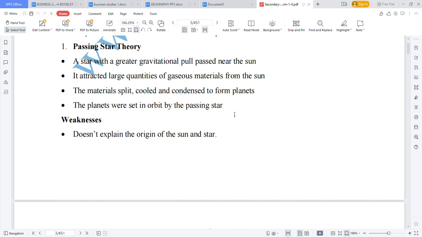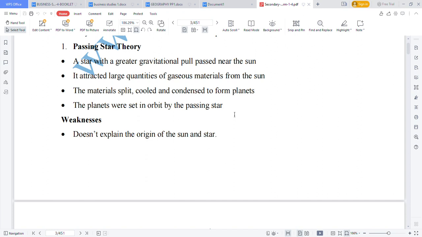It attracted large quantities of gaseous materials from the sun. The materials split, cooled, and condensed to form planets. The planets were set in orbit by the passing star. So that is passing star theory.